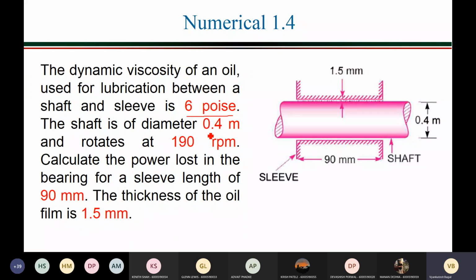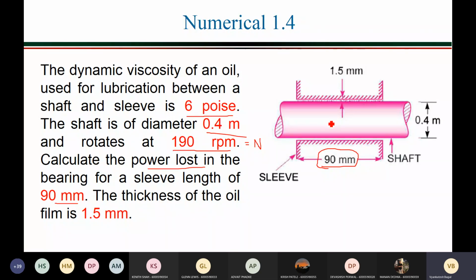Now the diameter of the shaft is given as 0.4 meter, and this time the RPM of the shaft is given as 190 RPM. So let us call this capital N, the RPM of your shaft. Then what is asked? Calculate the power lost in the bearing for a sleeve length of 90 mm. The sleeve length is given as 90 mm. So what will be the power lost due to this 90 mm length of the sleeve?